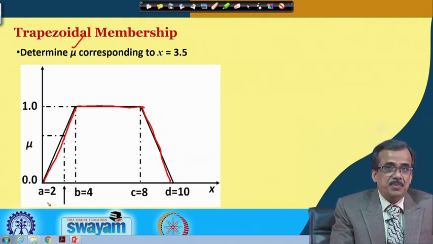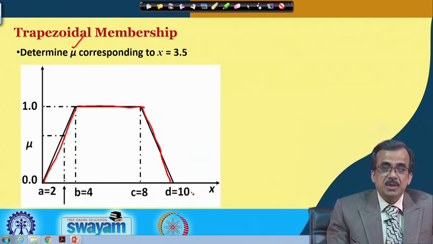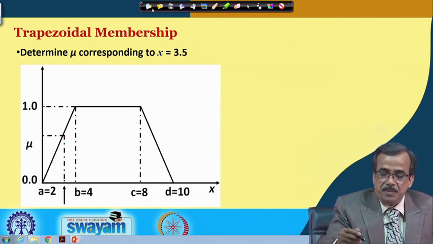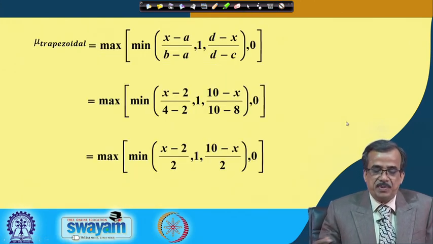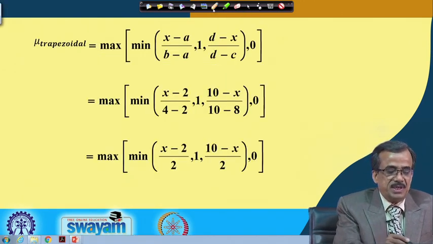Now, using this information of A, B, C and D, mathematically you can express this mu trapezoidal. The mathematical expression will become something like this.